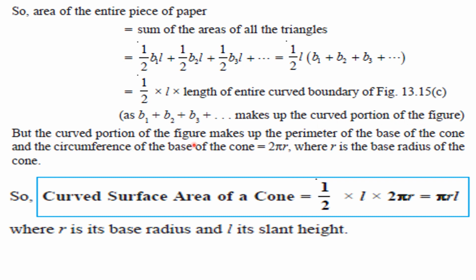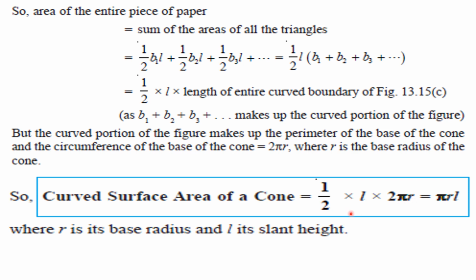But the curved portion of the figure makes up the perimeter of the base of the cone, and the circumference of the base of the cone is equal to 2 pi r. This is the formula to find the circumference of the base of the cone, 2 pi r, where r is the radius of the cone. Therefore, the curved surface area of a cone is equal to half into L into 2 pi r, the circumference of the base of the circular cone.